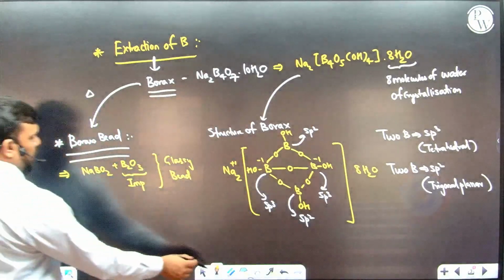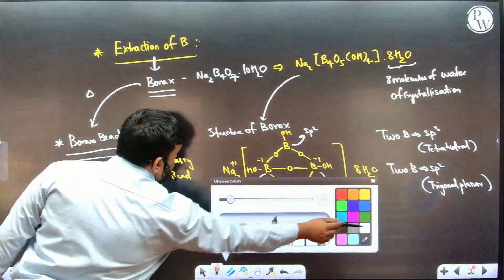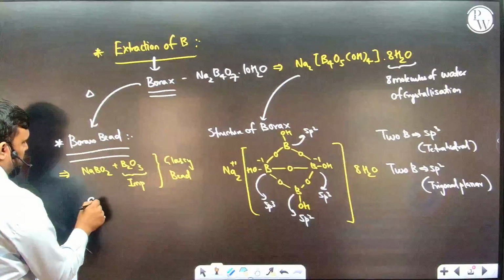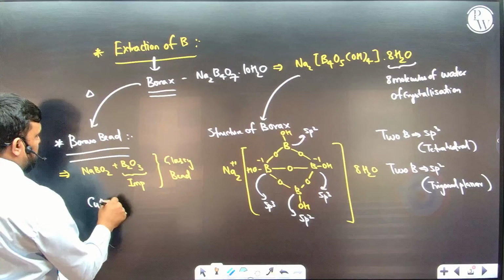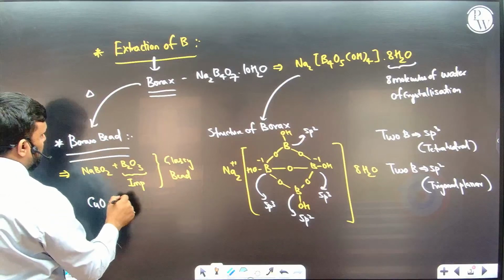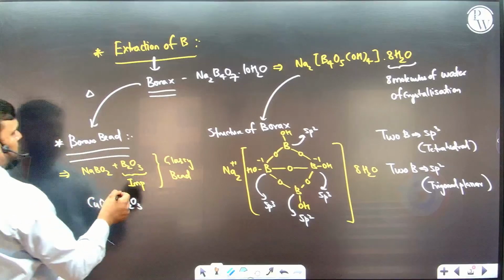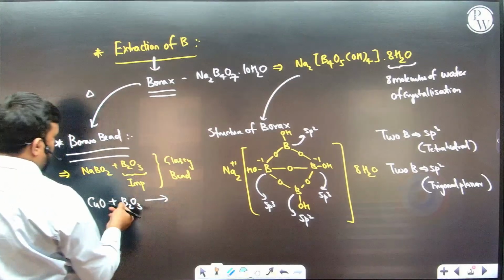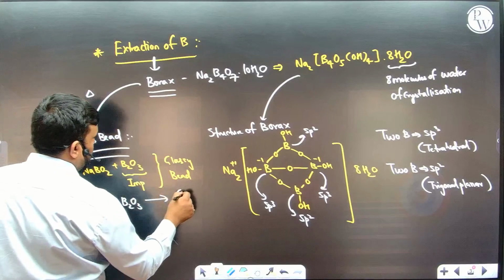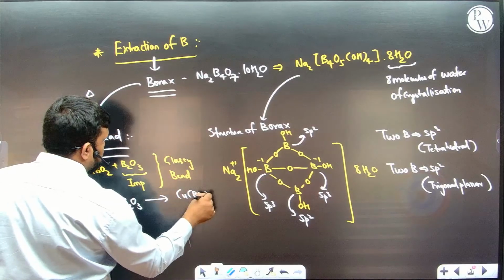So for any metal oxide they have given, suppose CuO, we react it with B2O3. Okay, so what will happen? You will get Cu(BO2)2.